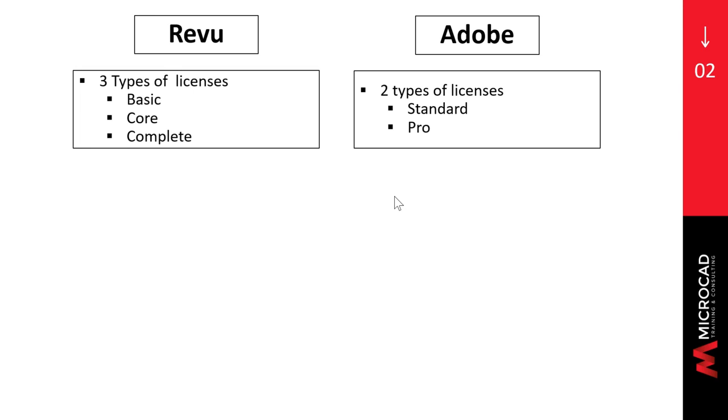So with the different types of Revu licenses, you're going to be able to do that, right? Because it has integration with some of the major and favorite softwares from Autodesk, such as AutoCAD, such as Revit, right? Even has integration with other third-party softwares, such as SketchUp, right?